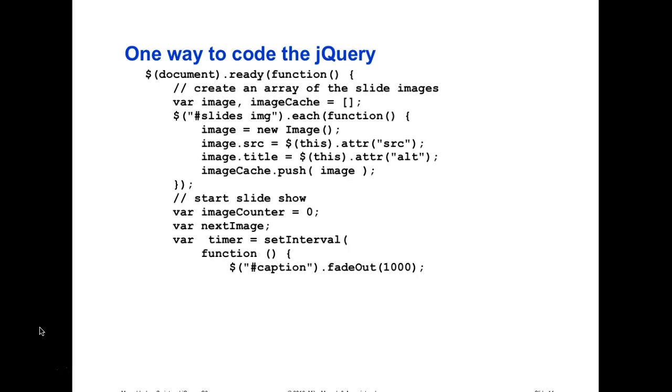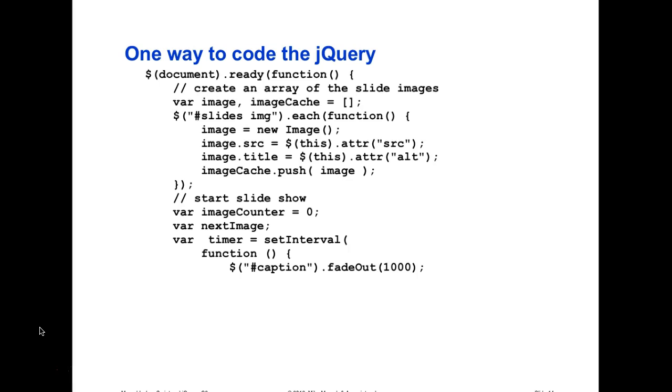And then we're using the push method for arrays. We're pushing it to the image cache. We went over these array methods in week 3 or 4. It's been a while, but basically we're adding it to the end of the array.